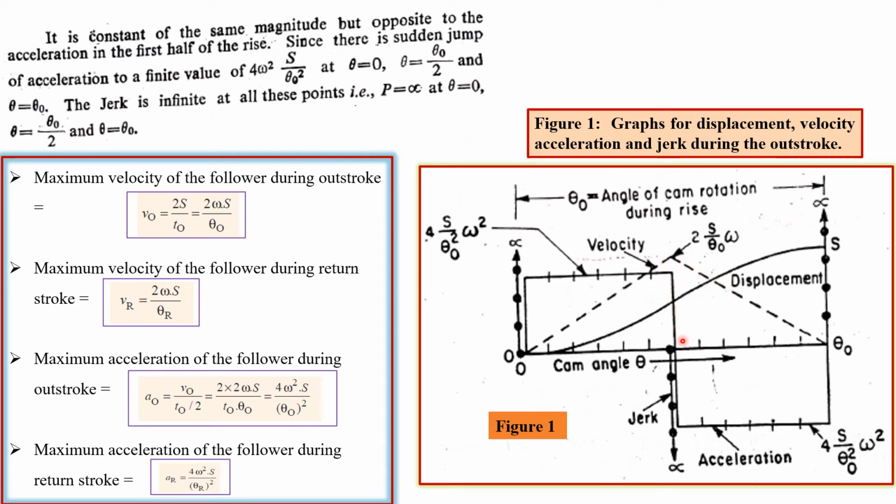So it basically again changes the sign, and the time taken by this change is 0. So again there is a jerk in the negative direction. It is infinite jerk. When the follower is now at its peak, the cam has undergone a rotation equal to the outstroke angle. Again the acceleration is getting its value equal to 0. So again there is an infinite amount of jerk produced here.